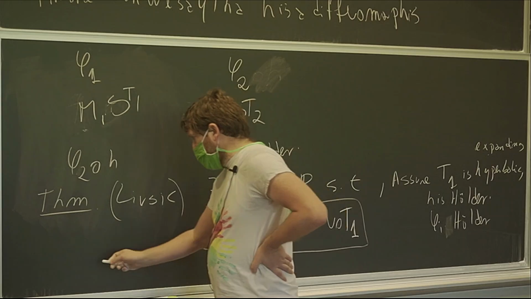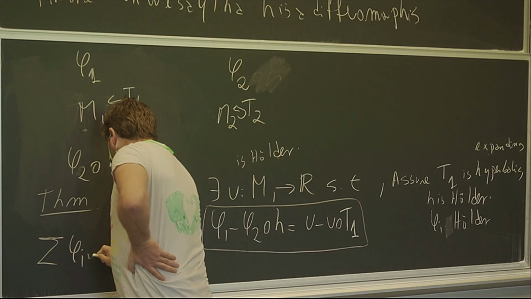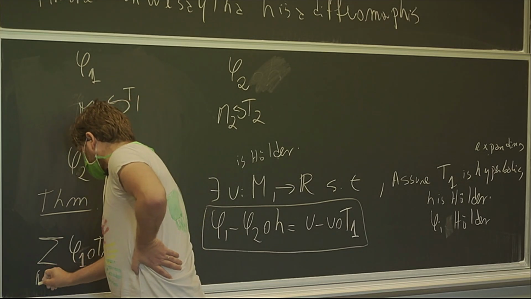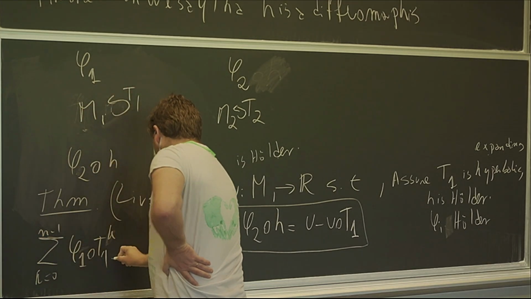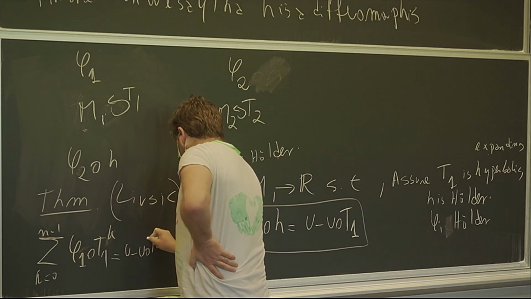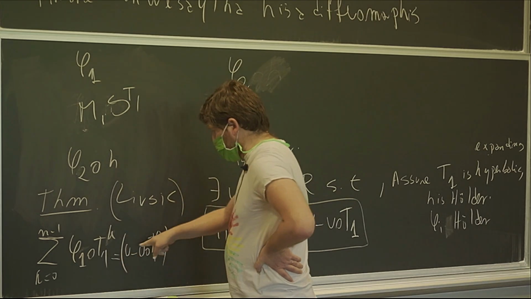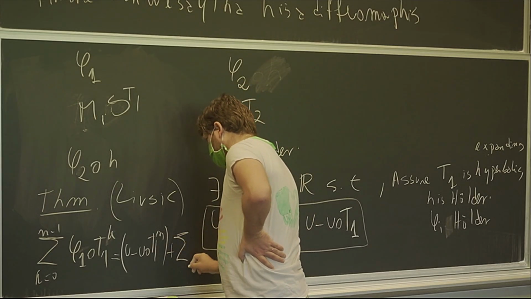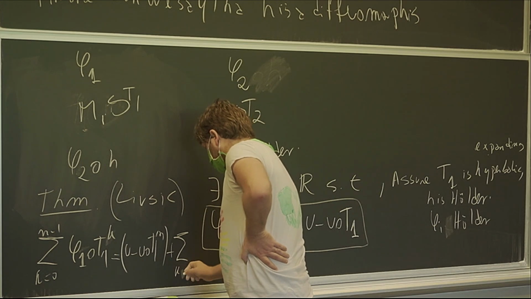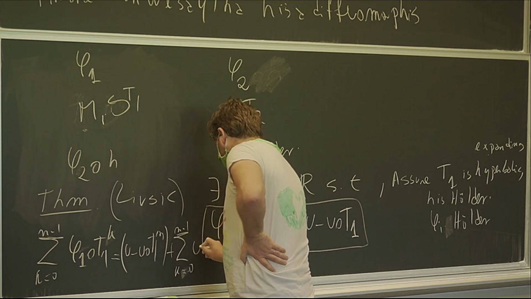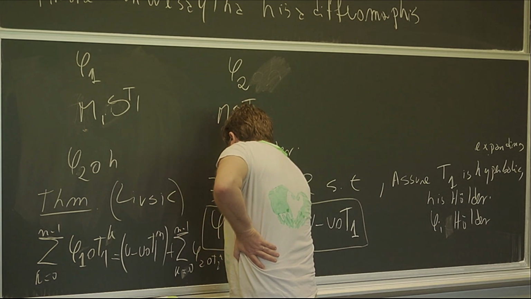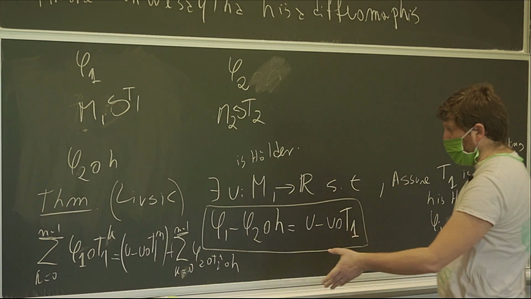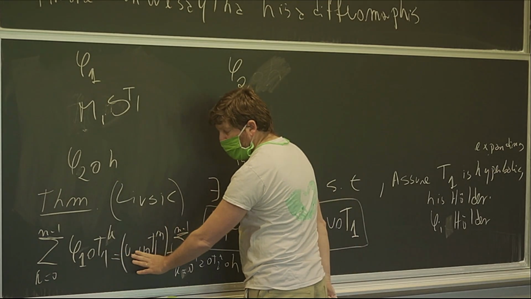And in general, if you write down your iteration, you will get U minus U composed T1 to the n, which is some bounded amount, because U is continuous, and then you have the other term, T2 to the k composed with H. Of course, for periodic orbits, this vanishes, but even for non-periodic orbits, this stays bounded.